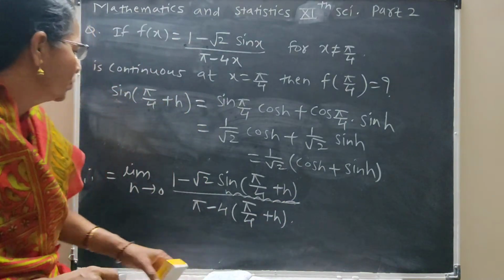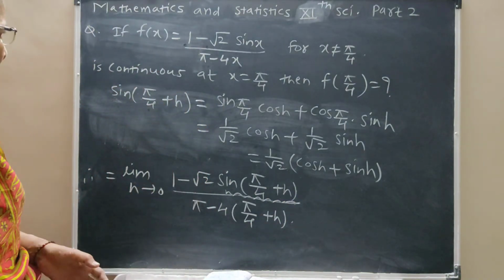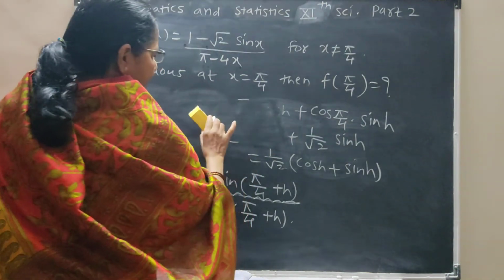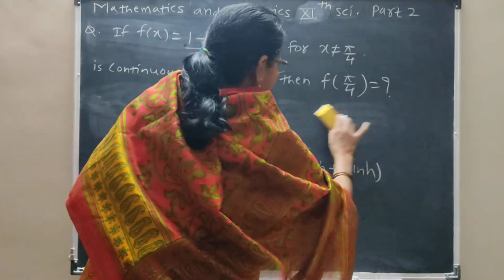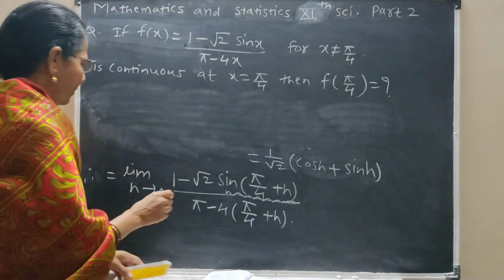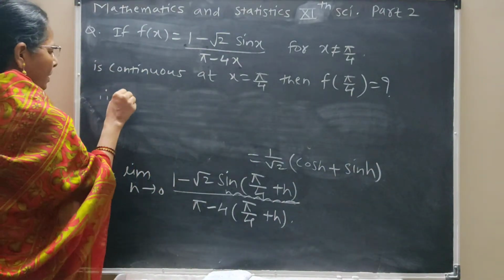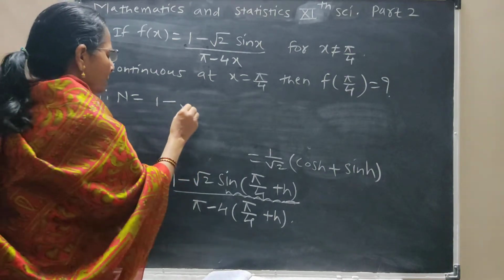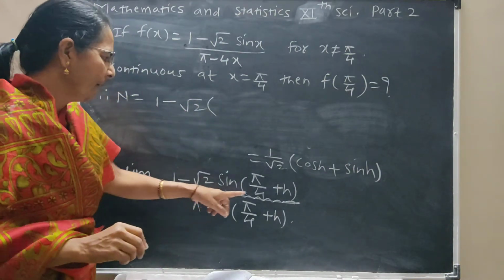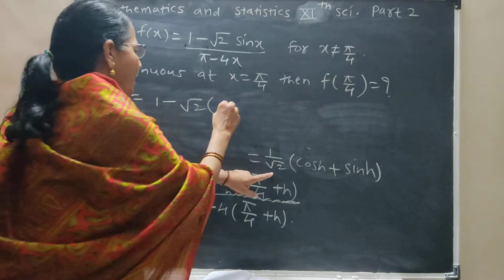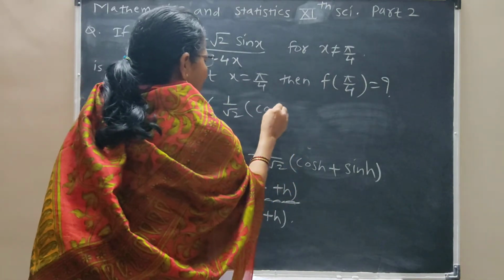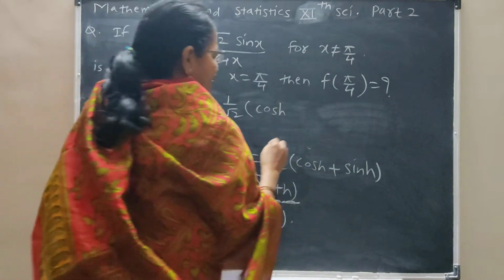Now what is the actual numerator? The numerator is equal to 1 minus root 2 times 1 upon root 2 (cos h plus sin h).